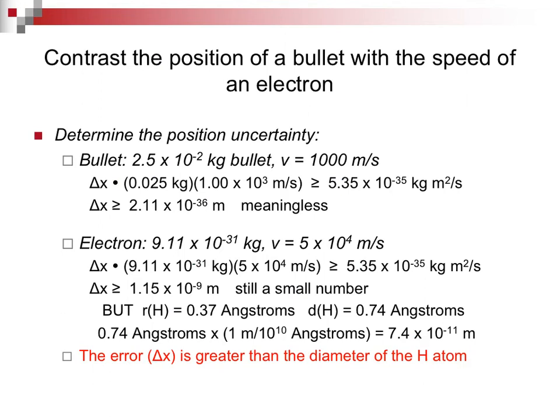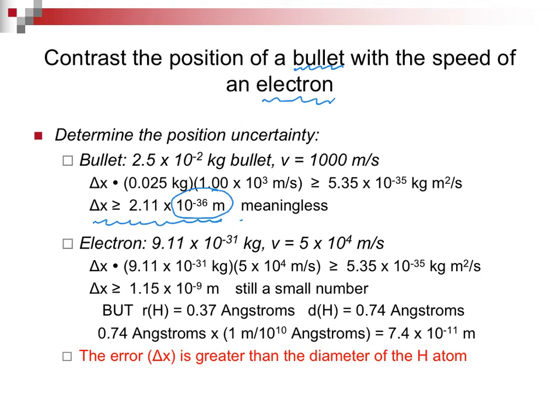So what I did here is I took two objects. I took a bullet and I took an electron, and I took some numbers. And again, the numbers are not that important, but what I did is I looked at the change in position if we're looking at a bullet. And that change is 10 to the minus 36 meters.